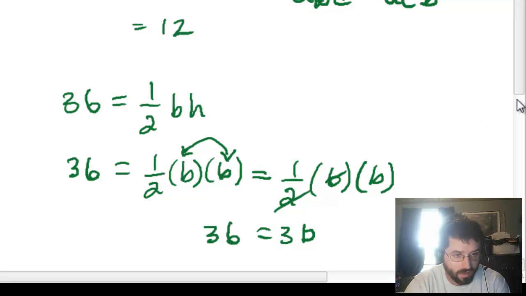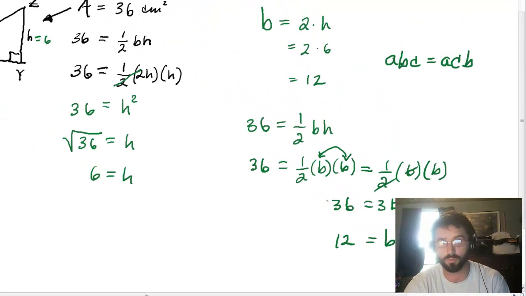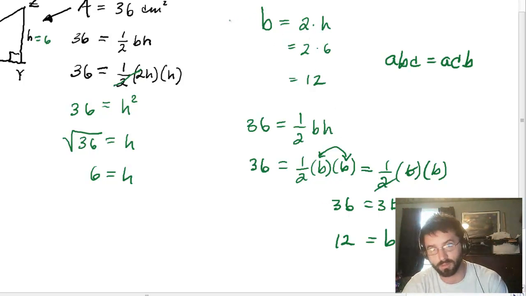When you divide both sides by 3, you get that B equals 12. So either equation you plug back into, you get that the base is 12. Why did I choose to plug back into this one? Because it's the easier equation to work with.